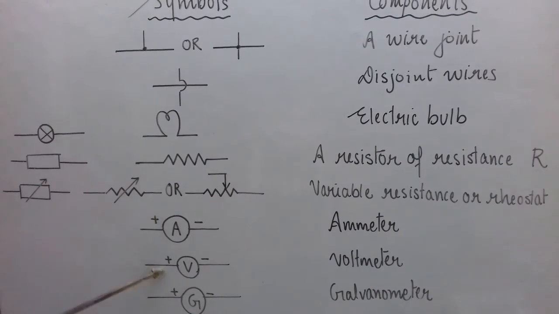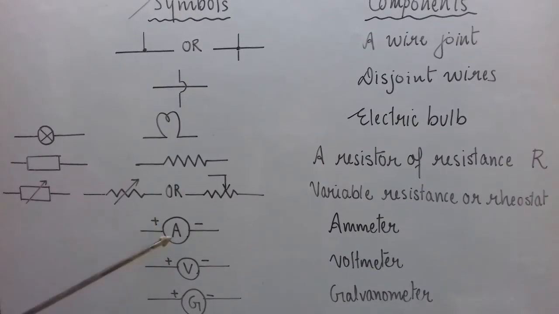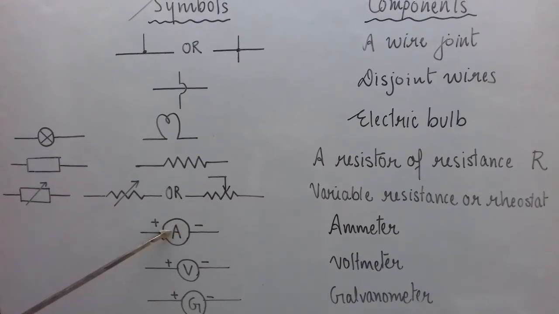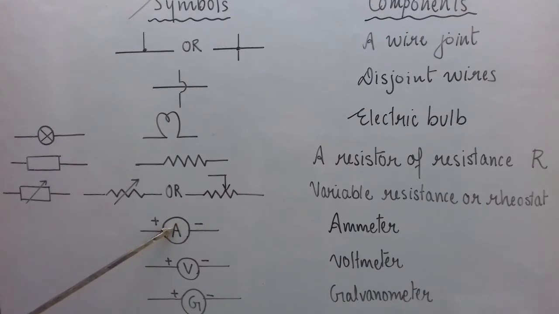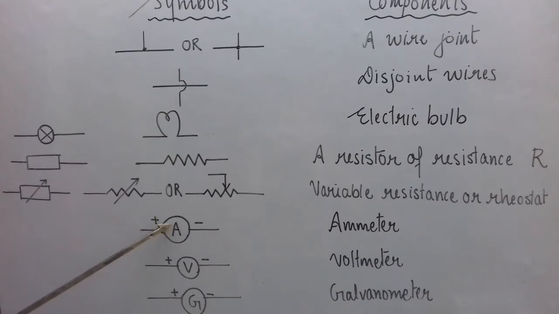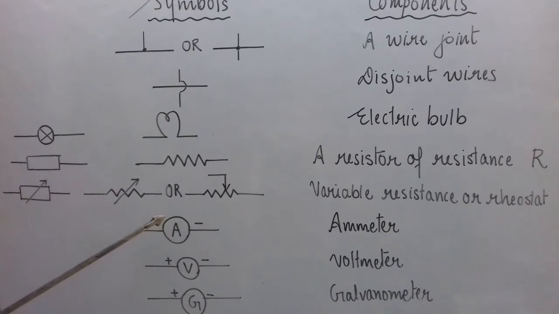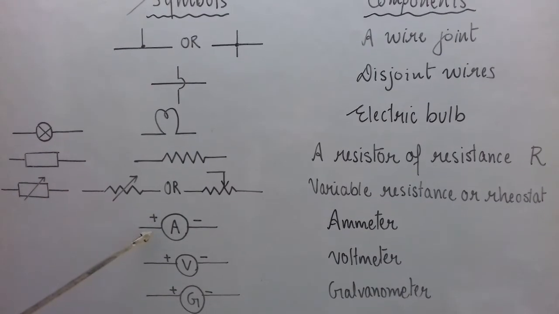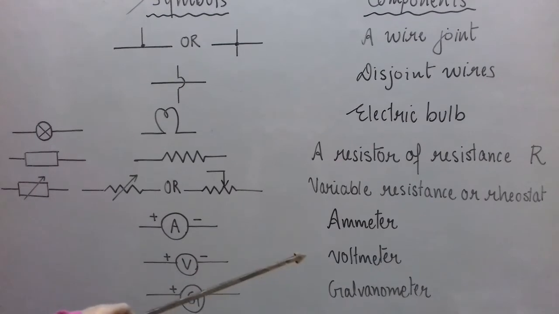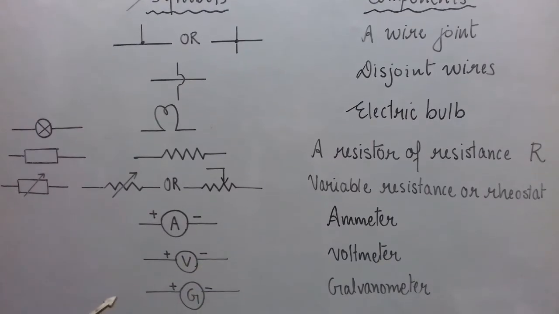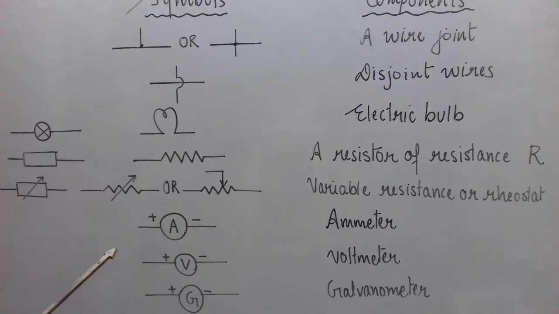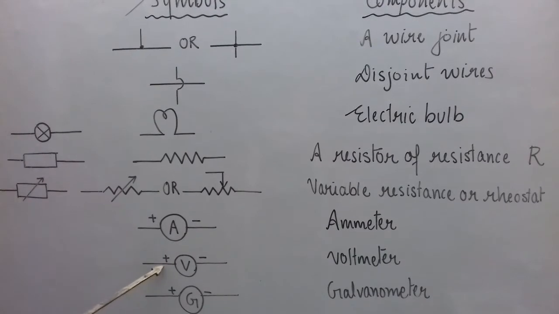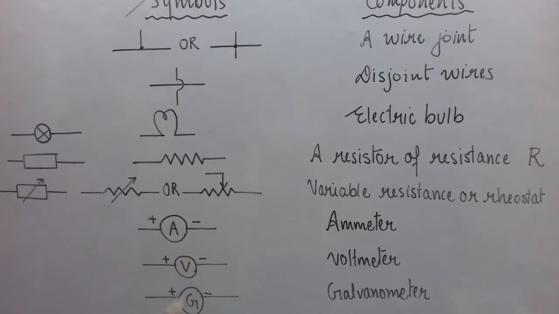These two symbols are very similar, but for ammeter we write capital A, whether it measures current in ampere, milliampere or microampere. Similarly, voltmeter may measure potential difference in millivolts or microvolts. We can use simply this symbol for the voltmeter.